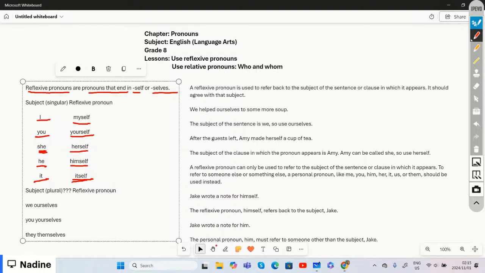All right. So that is basically our singular subjects, right?